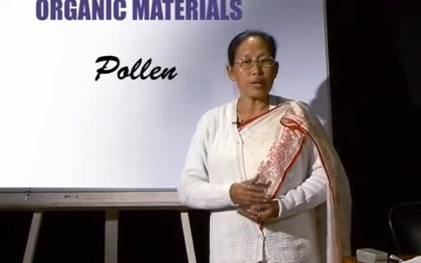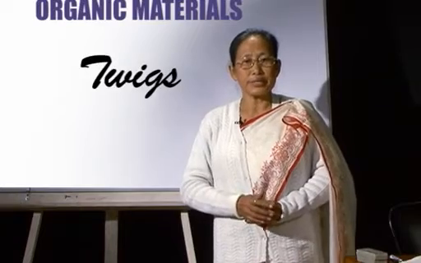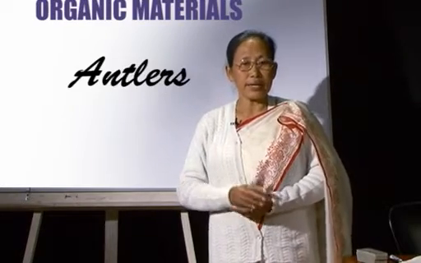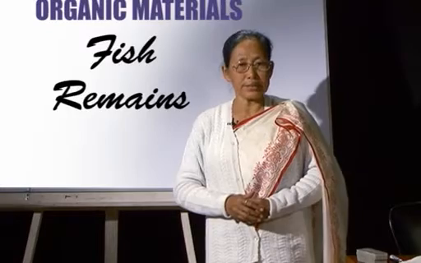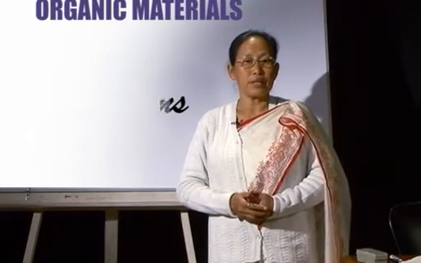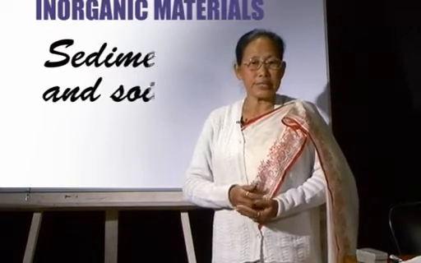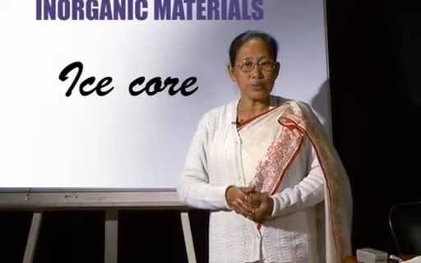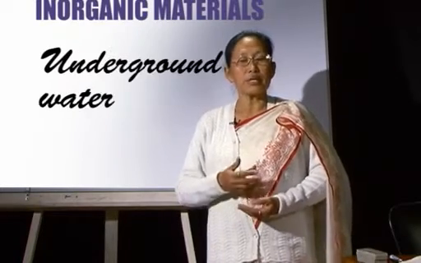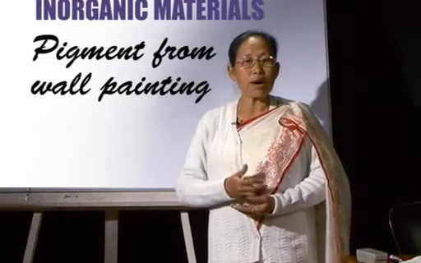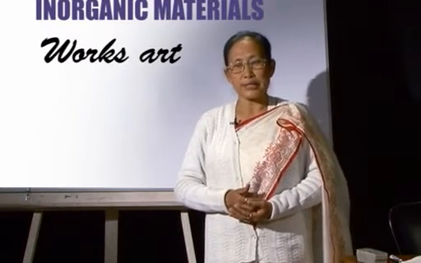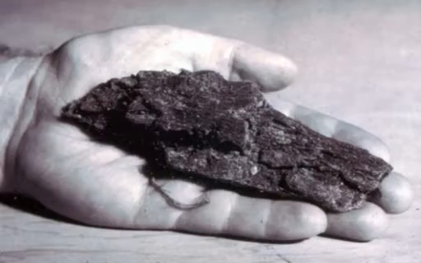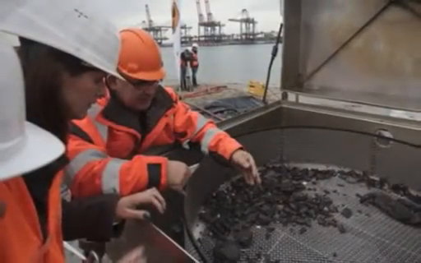The datable organic materials are charcoal, pollen, woods, twigs, seeds, bones, antlers, shell, fish remains, insect remains, etc. The inorganic materials are sediments and soils, ice core, metal casting ore, underground water, pigment from wall painting and works of art, etc. The ideal material for radiocarbon dating is wood charcoal, which is found in an archaeological site.